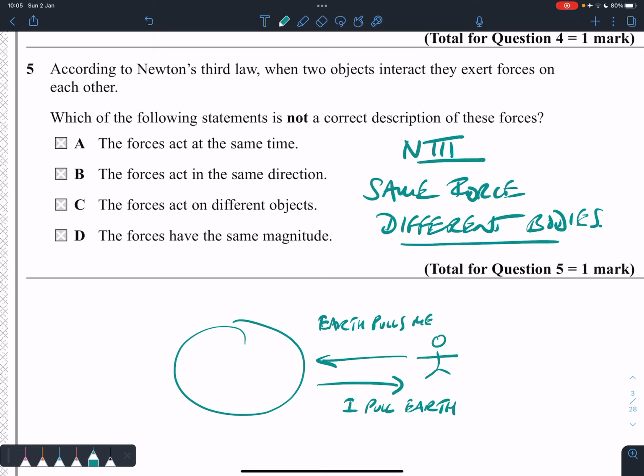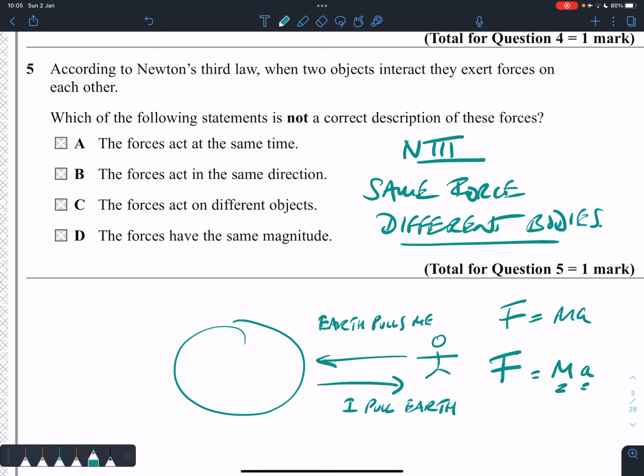The thing to remember is that these forces are equal and opposite, but the end result is not the same, because using Newton's second law, F equals ma, you could have the same force but, depending on the mass involved, you'll get different accelerations.